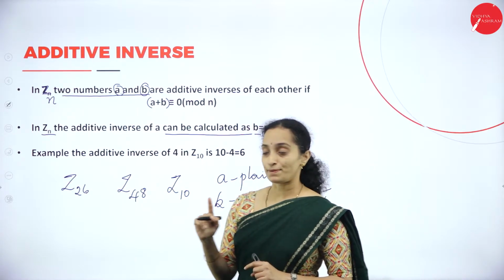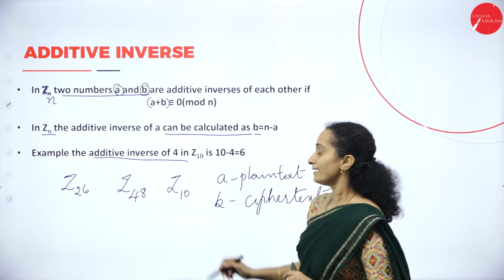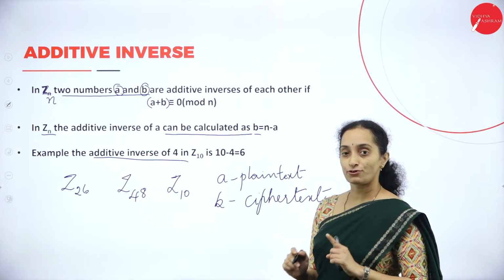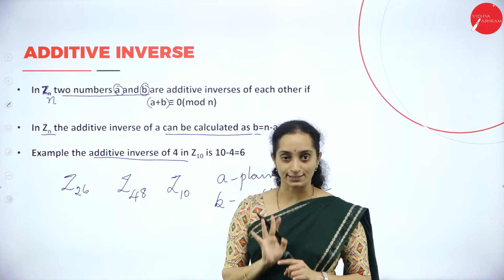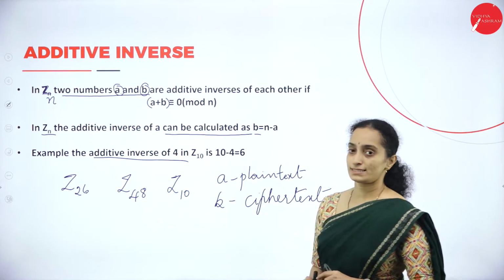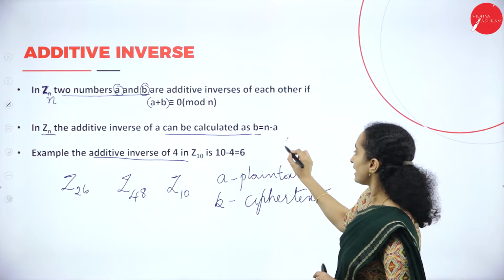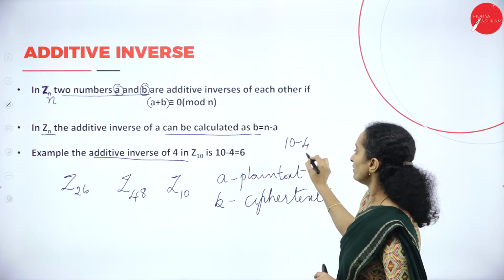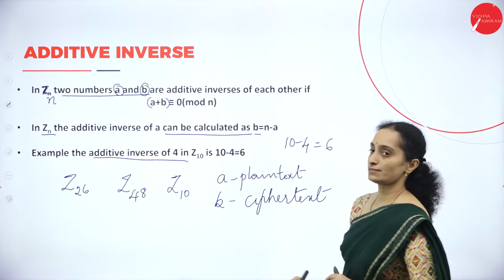An example is given here. Additive inverse of 4. If you take the character number as 4, the additive inverse of 4 for base 10 is 10 minus 4, that is 6.